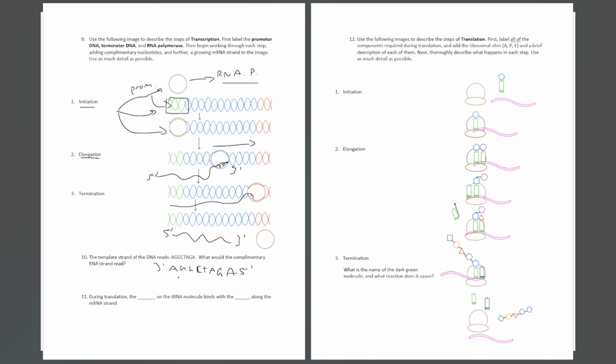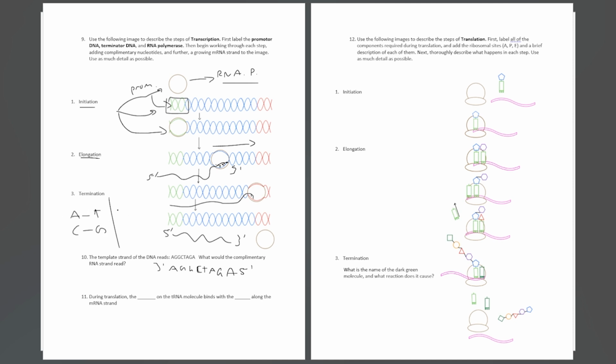Our RNA is going to read the opposite. For DNA, A pairs with T, and C pairs with G. That's for base pairing in DNA.